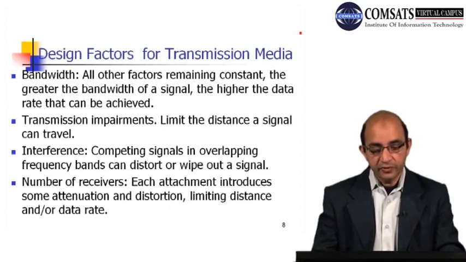We have different characteristics for the distance a signal can travel over a transmission media. Then interference: we can have interference due to overlapping frequencies, and as a result it can distort the signal.